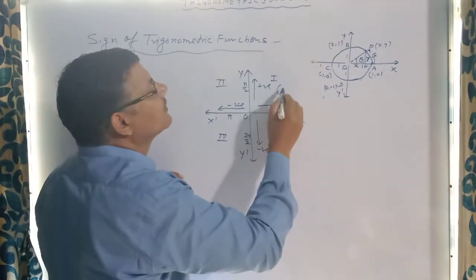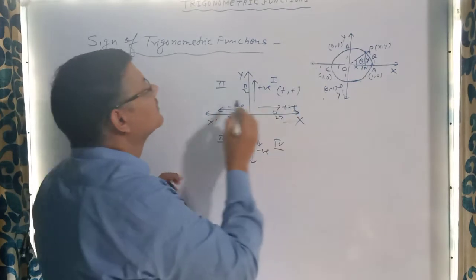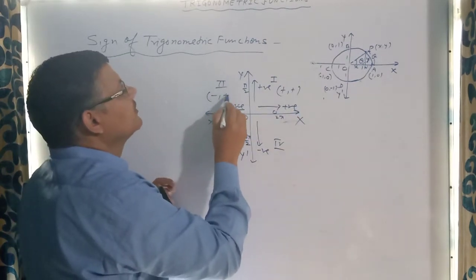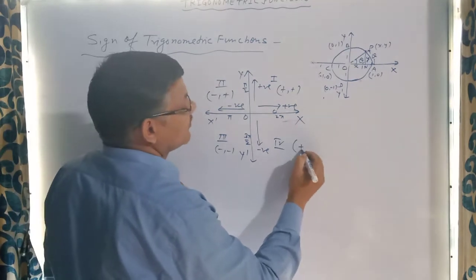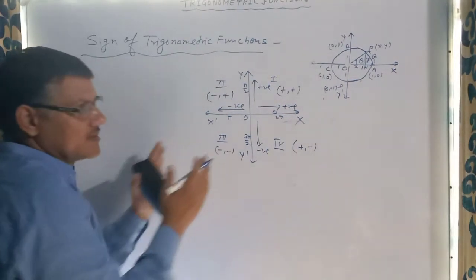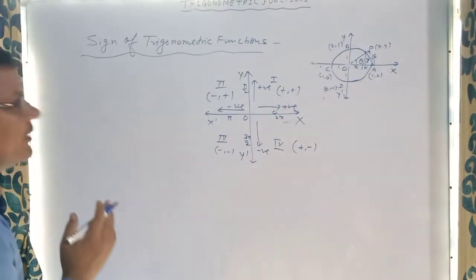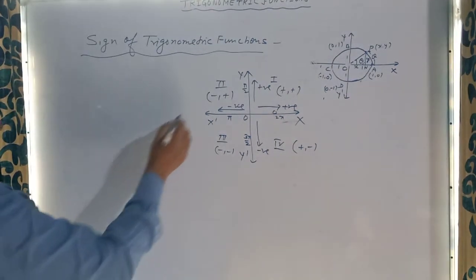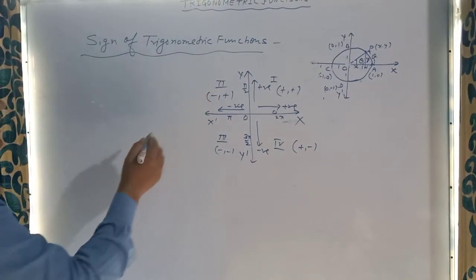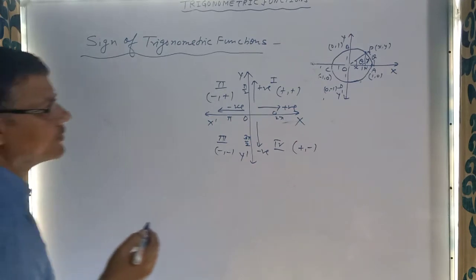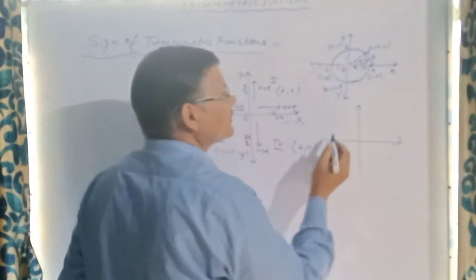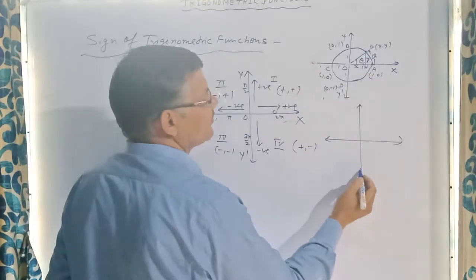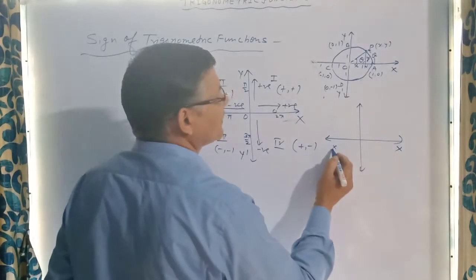It is plus, plus; minus, plus; minus, minus; and plus, minus. Using this we may get the signs of the respective ratios. So here we may write the sign of the respective ratio with quadrant. I am writing here the quadrant, simply x, x dash O.